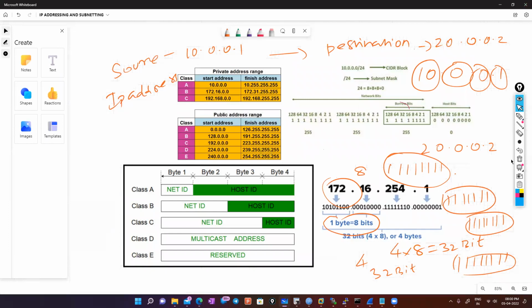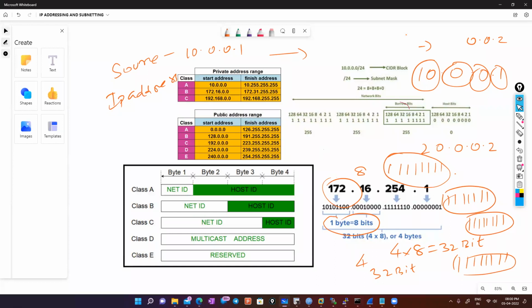Why this representation? That is important. Why do we need this representation? Because these IP ranges have been developed from the ground up using the same logic.